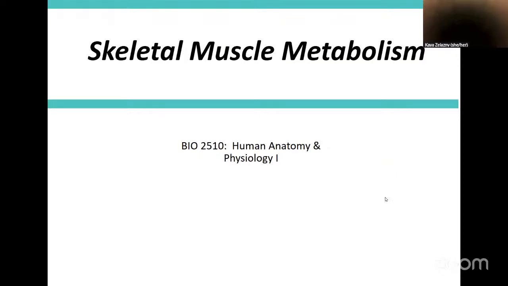Okay. So we are now going to switch over to intro our skeletal muscle metabolism. Our skeletal muscle metabolism packet will be grouped into Unit 4. So we'll be doing muscle metabolism and cardiac for exam 4, I should say.